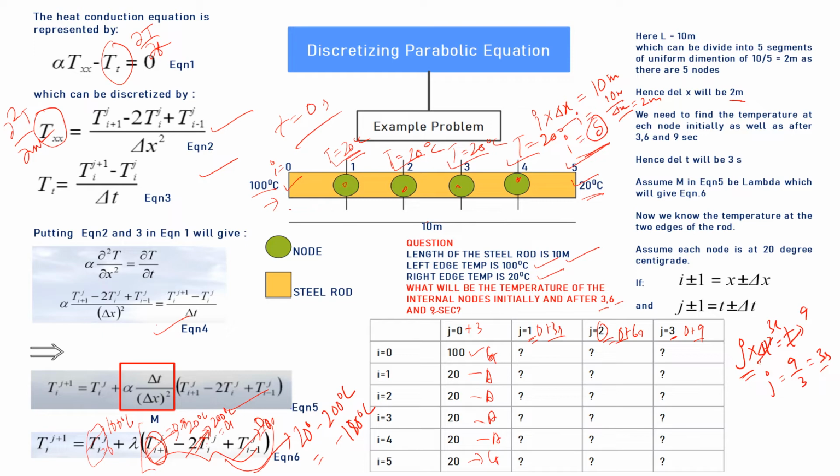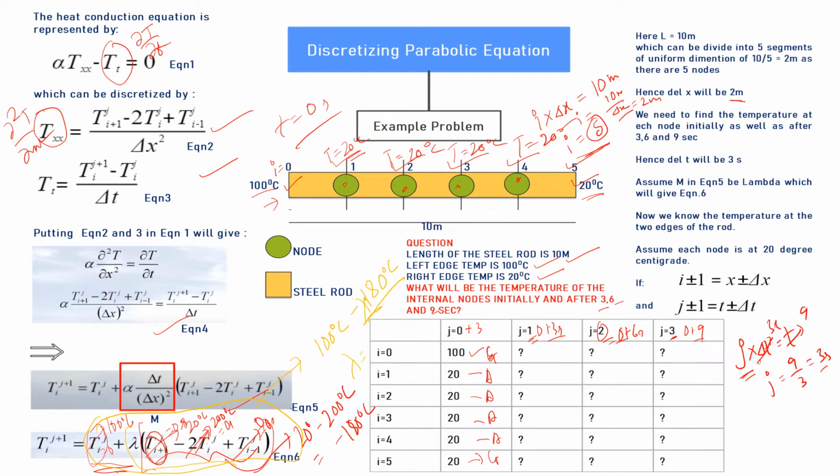So this part is minus 180 degrees. So this entire equation will become 100 degrees centigrade minus 1/8 lambda into 180 degrees centigrade. Now here, what is lambda?